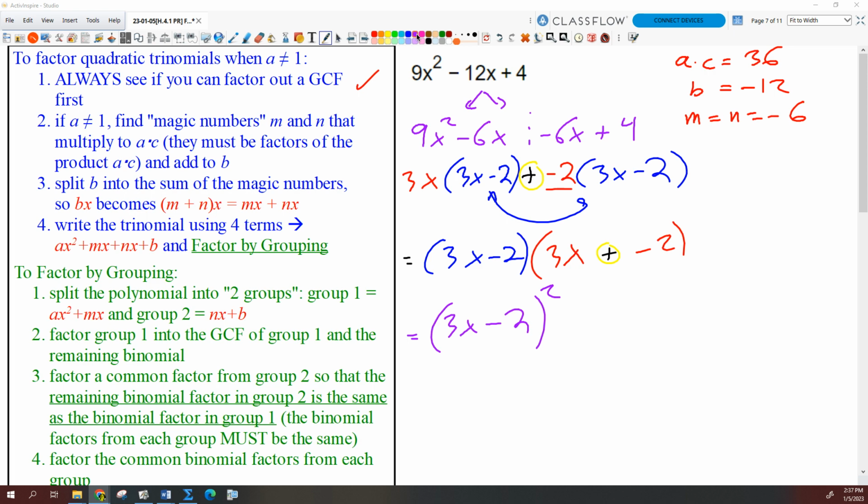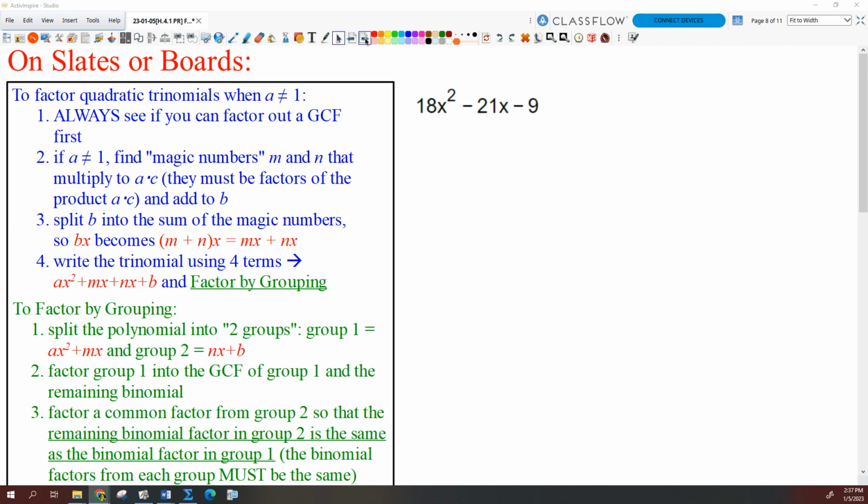Okay? That's way better because nothing we did there was illegal. Everything we did was equivalent to the step before it, right? Everything was equal to what I started with. That is equal to that, which is equal to that, which is equal to that, which is equal to our answer. Okay?